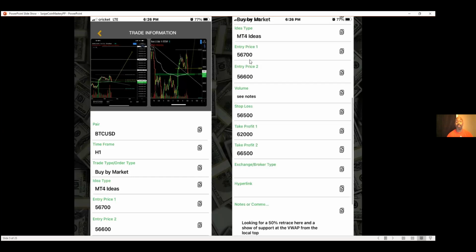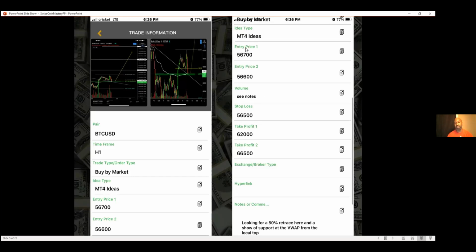Let's just say I'm using a 0.5 as my lot size. I'm going to use a 0.25 for this entry. If it comes down and touches this second potential entry price, that's when I'm going to enter again for the remaining part, which is another 0.25. And that way I've secured both.